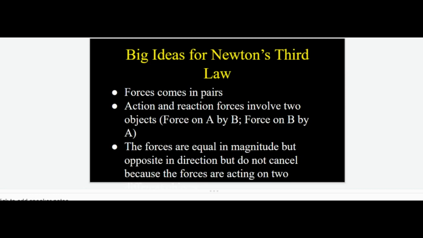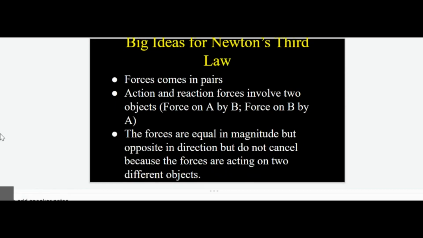And of course, the last one, which is very important, is that the forces that we're talking about in Newton's third law, or the interaction forces, are equal in magnitude but opposite in direction. However, they do not cancel because the forces are acting on two different objects. So hopefully you'll be able to write this down because these are big ideas for Newton's third law.